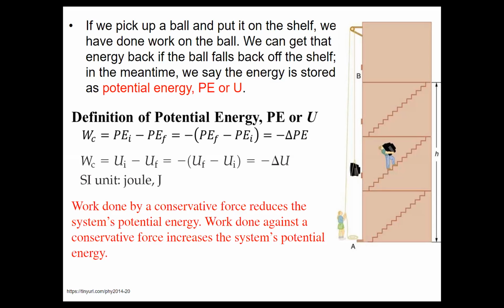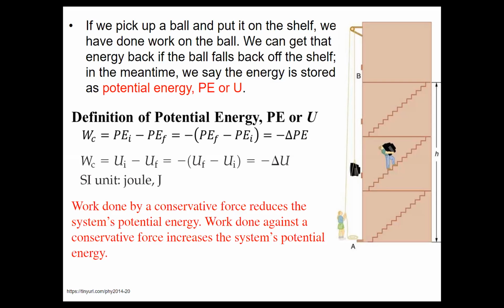So the work by the force you are applying against gravity is equal to the change in potential energy, okay? So that's equal to this guy. But the work done by the conservative force should be equal to the negative of this guy, right? Because this is the work you are doing against gravity, so the work done by gravity should be the negative of it, right?